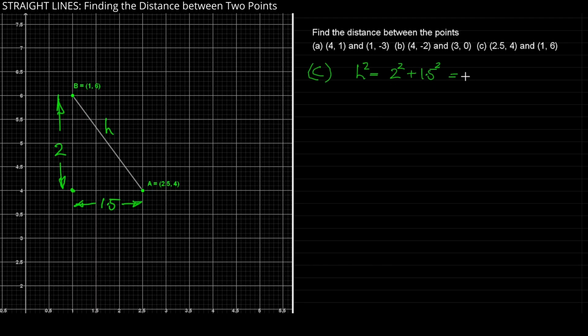Okay, this is equal to 4, and if you look 1.5 squared up on a calculator or do it longhand, you'll find it is 2.25. So we get this is equal to 6.25, and therefore h is equal to the square root of 6.25. And if you look that up on a calculator, you get the answer 2.5.